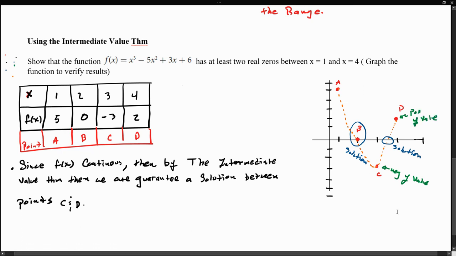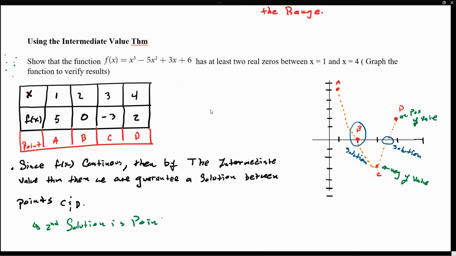And for you to go from a negative to a positive, you must pass by 0. So therefore, you must pass by one of the solutions. So the intermediate value theorem states we have a solution here, and the second solution is point B.